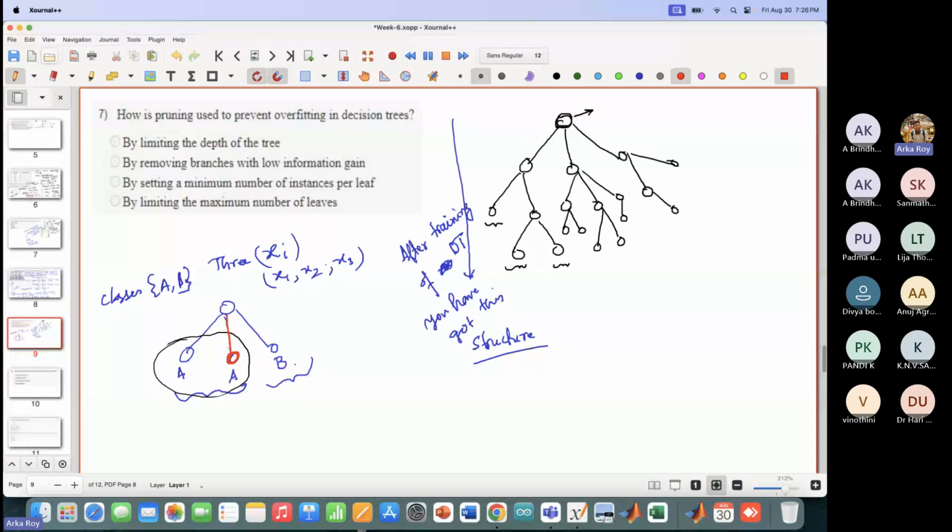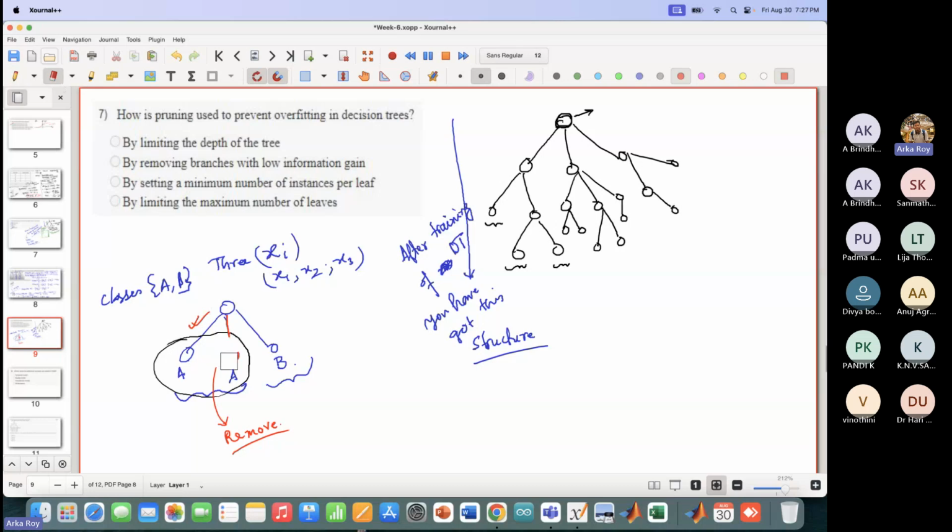If you choose this particular connection to be redundant and remove this structure from the decision tree, there will be no change in the classification process, because this particular side will do classification in favor of class A. So this one is redundant.